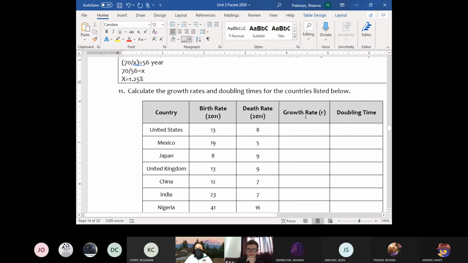In order to get growth rate, all we have to do is birth minus death. 13 minus 8 is 5. And then divide that by 10. That's part of our formula. If you don't remember the formula, look up. I'll write it the exact same way that I had.